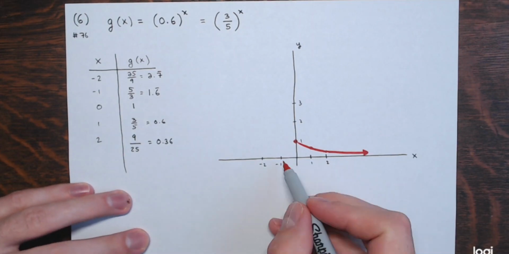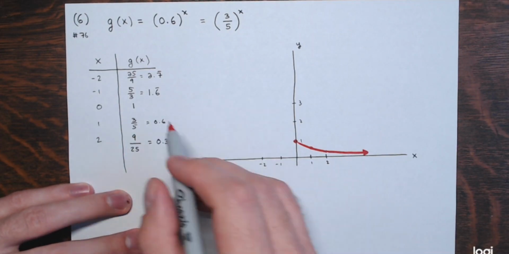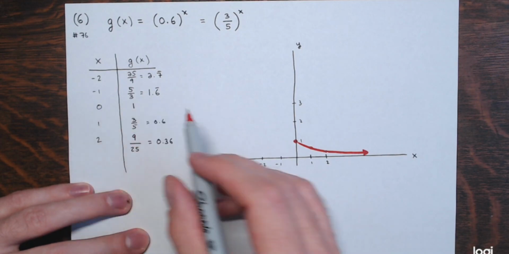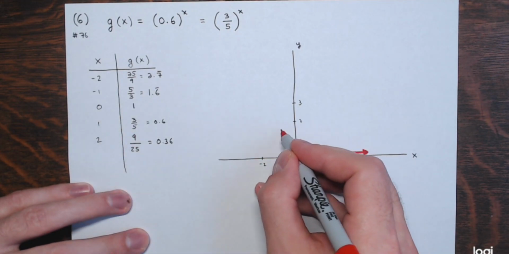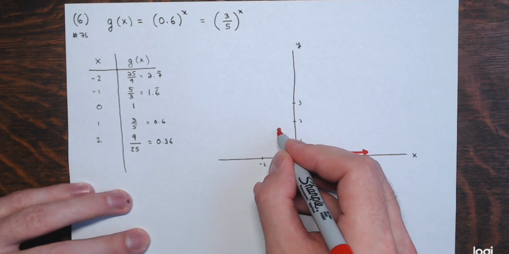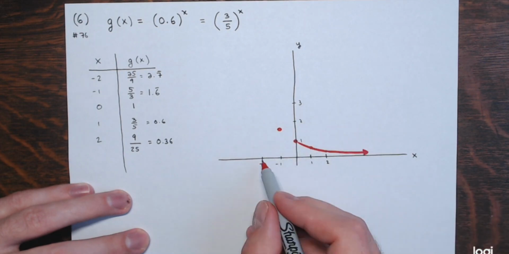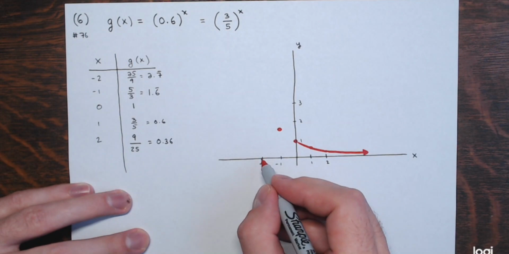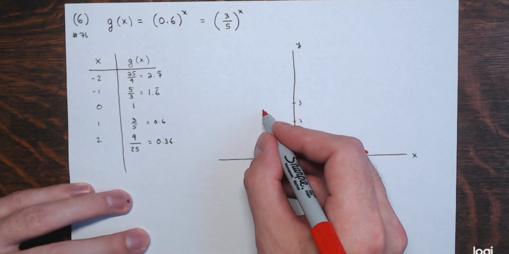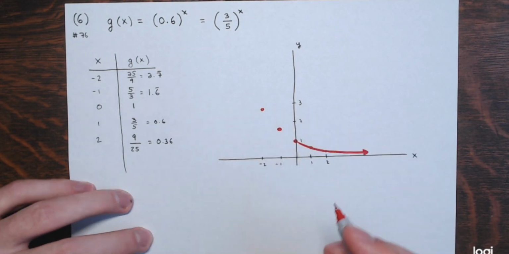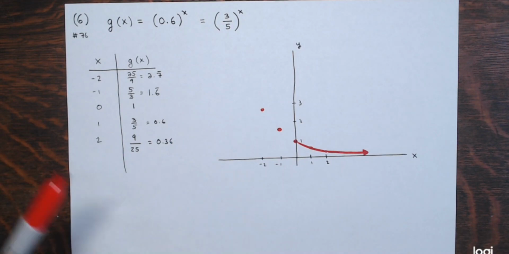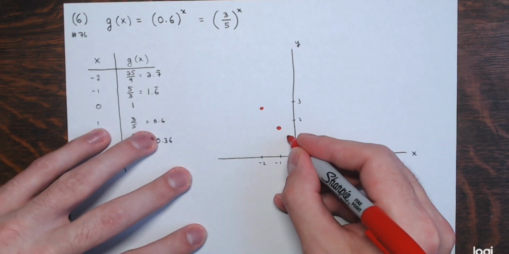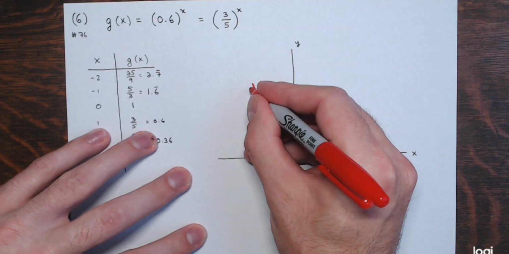Then -1 input gave me 1 2/3, so maybe about here. And then -2 for the input was 2 7/9, 2.7-ish, almost 2.8. So a little under 3, maybe there. But you see, as I move left, the value of the function is going up more rapidly.